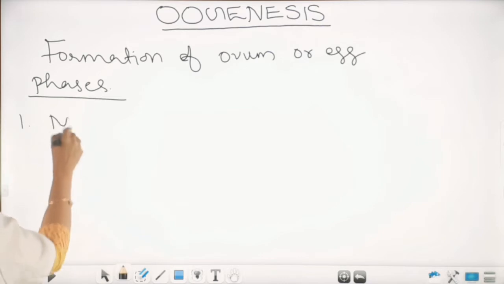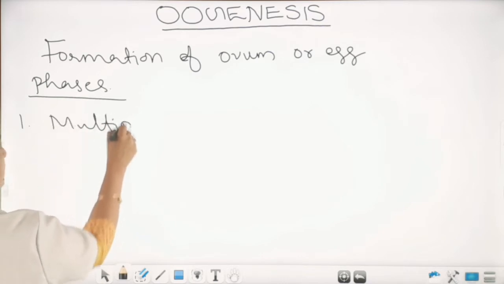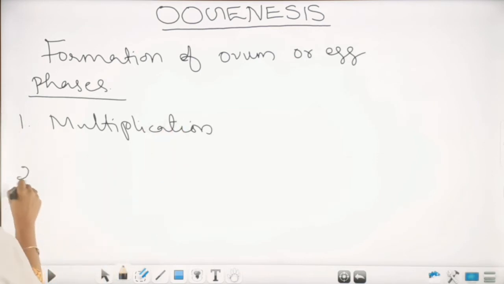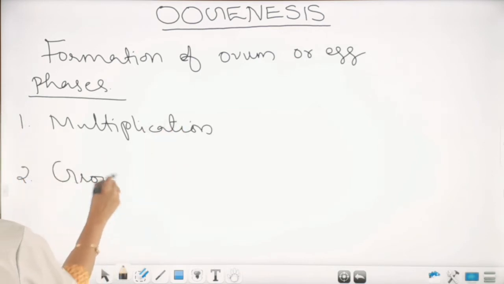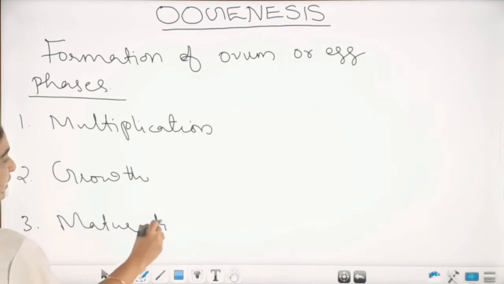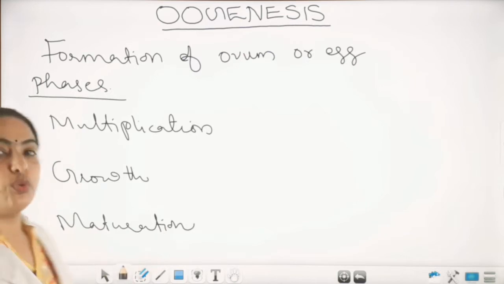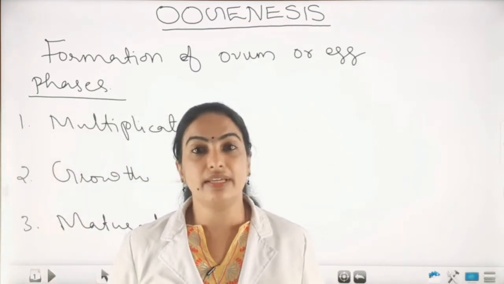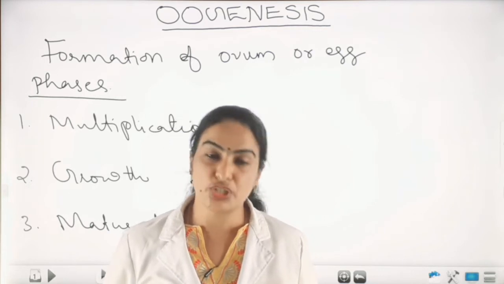They are multiplication phase, second one growth phase, and the third one maturation phase. These are the three phases in the process of oogenesis, and the major events occur in these three phases. I will teach you later.